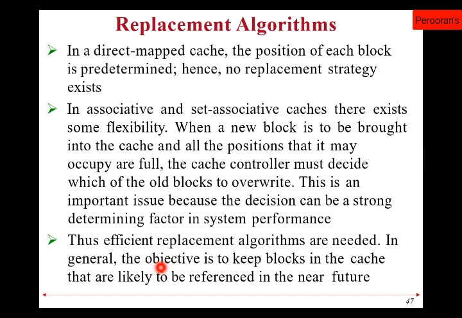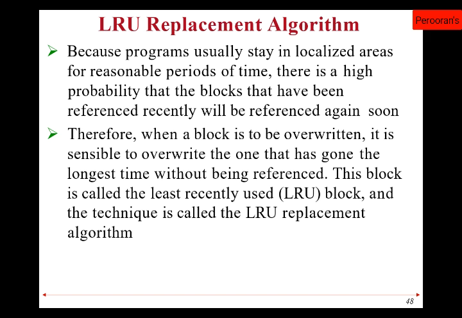In general, the objective is to keep blocks in the cache that are likely to be referenced in the near future. So, we will see the cache replacement algorithm. LRU is one such cache replacement algorithm. Because programs usually stay in localized areas for reasonable periods of time, there is a high probability that blocks that have been referenced recently will be referenced again.